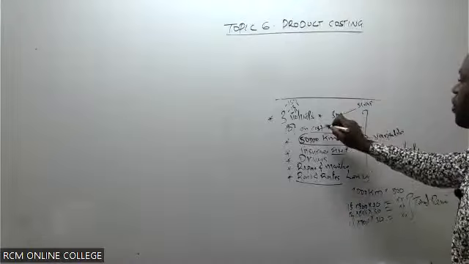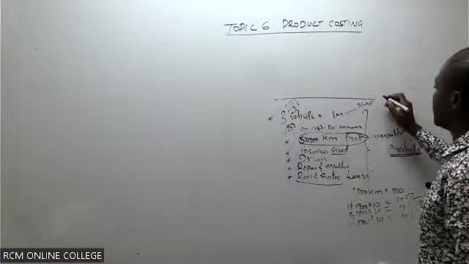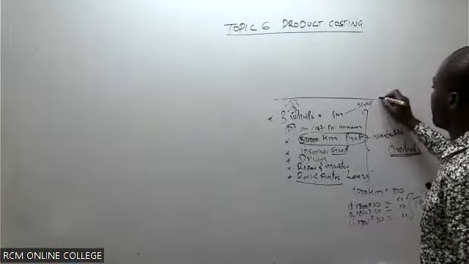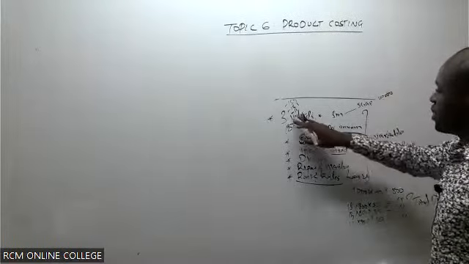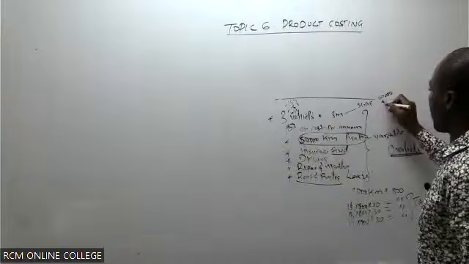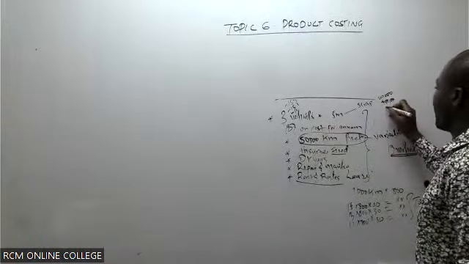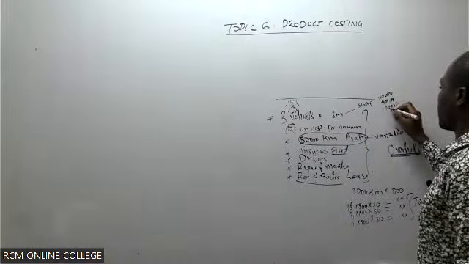The scrap value of the 15-seater may be, let's say, 500,000. Then the 13-seater can be even 400,000, something of that kind. This other one can be even 150,000 or 200,000.